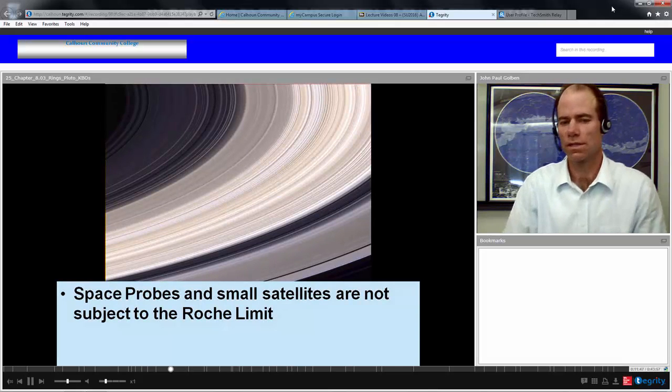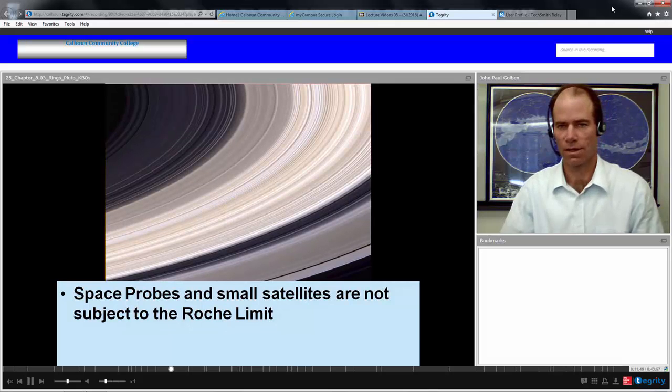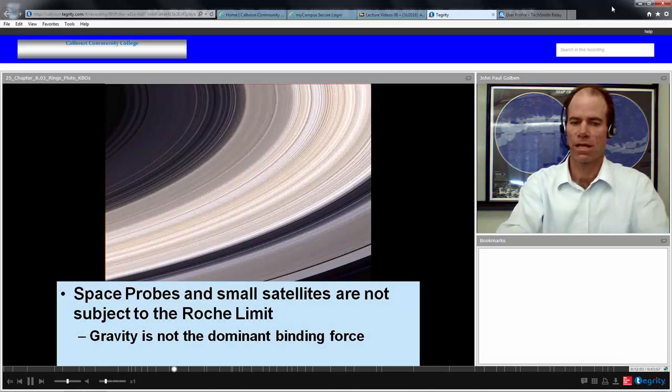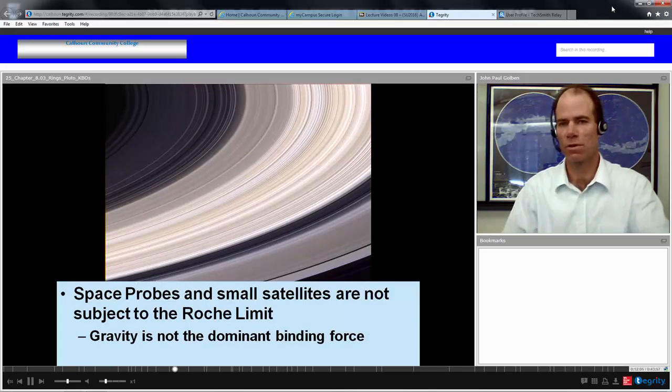Now we talked about this Roche limit, where an icy moon might fall within this limit and disintegrate into a ring-like pattern. Space probes and small satellites are not necessarily subjected to the Roche limit because gravity is not the dominant binding force of these objects.